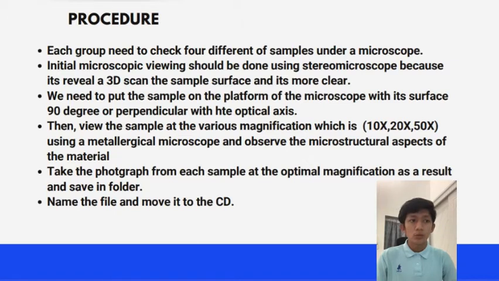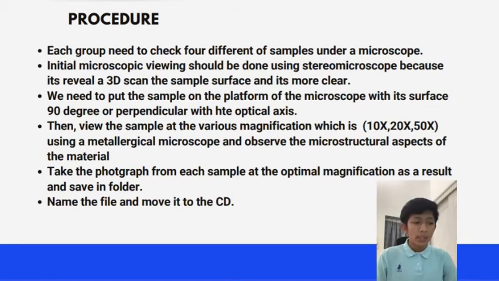Next, we need to put the sample on the platform of the microscope with its surface 90 degrees or perpendicular with the optical axis. And then view the sample at various magnifications, which are 10, 20 and also 50, using a metallurgical microscope, and observe the microstructure aspect of the material.